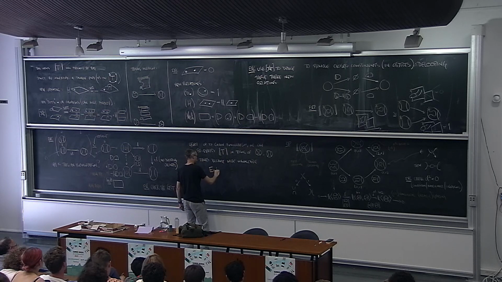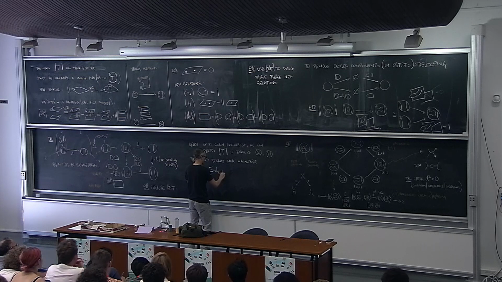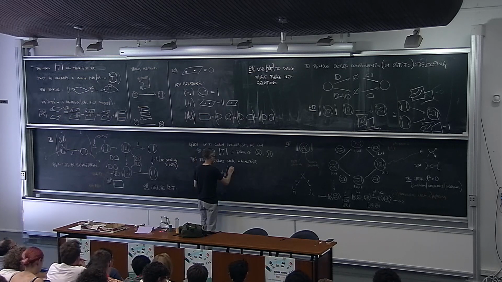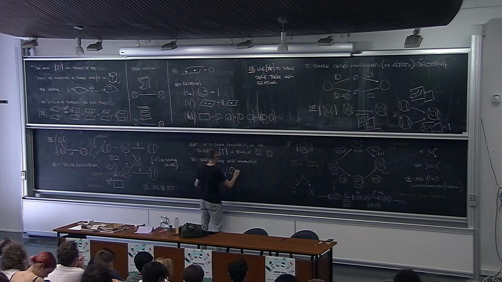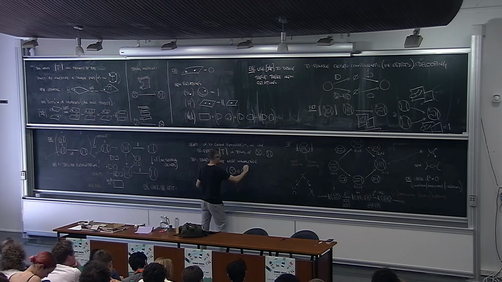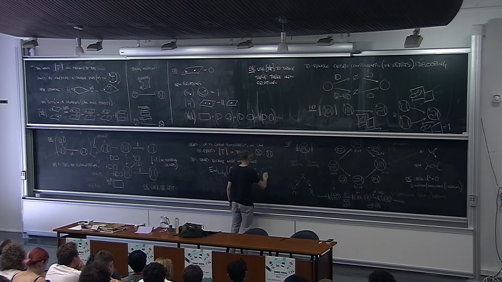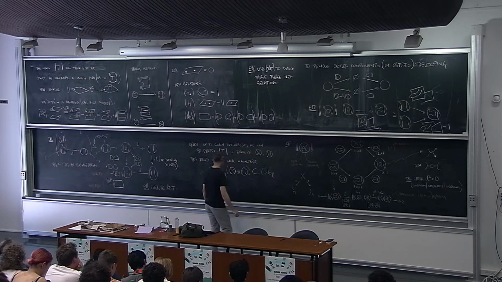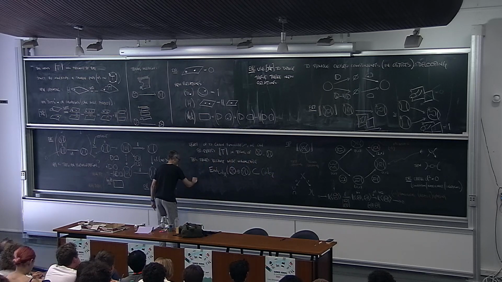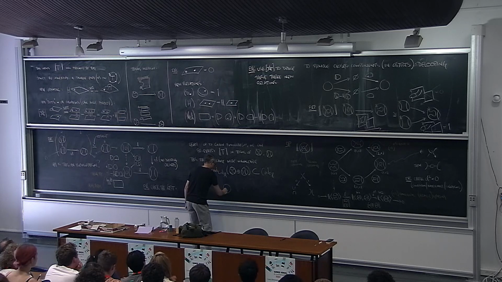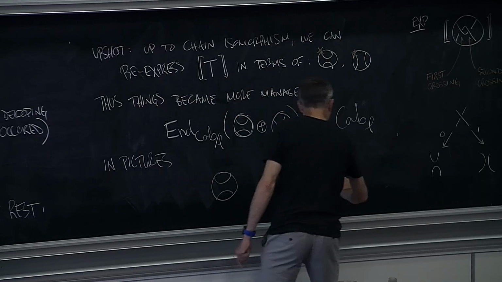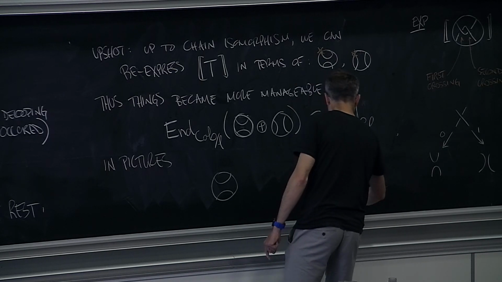I'm reducing my attention to the subcategory in Cobb mod L that's just generated by these two fundamental basis elements, as a subcategory inside Cobb L. Said another way, this category really boils down to understanding two objects and how I pass between them.